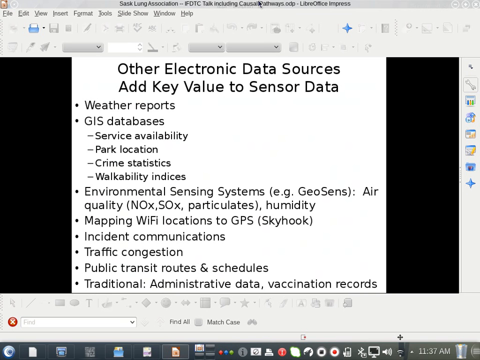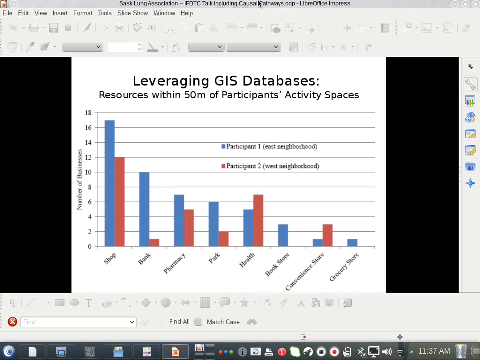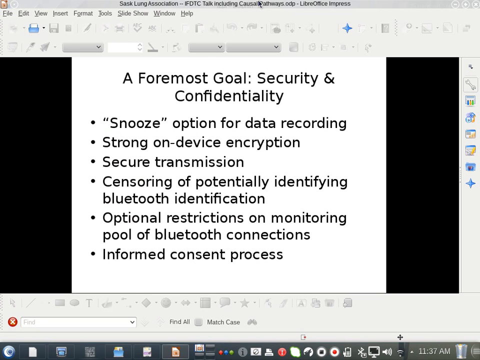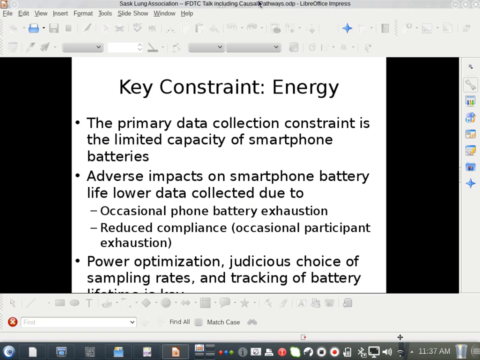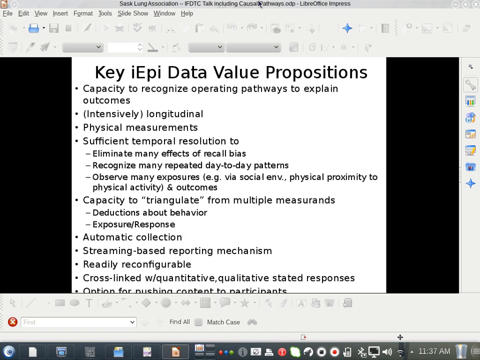We could cross-link it with weather reports, GIS databases on availability of certain resources like parks or areas where there's walkability or crime issues, and we can use it to recognize exposure to resources. Key constraint for all of this is energy. There's limited energy on the devices, but fortunately devices are becoming more energy efficient.